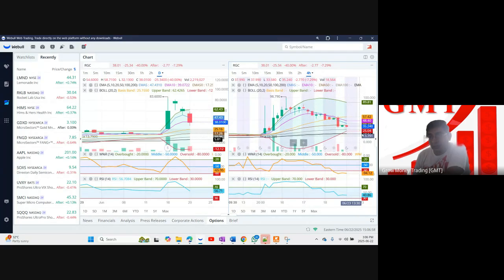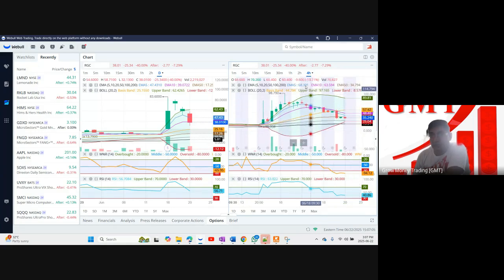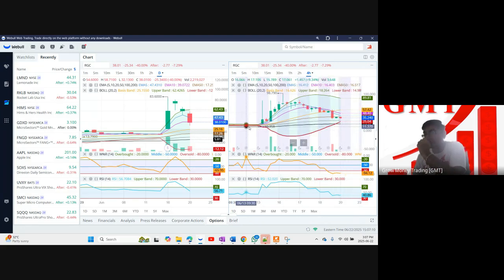At the current level it can still be expected to drop further. In the last session it dropped 40%, but from the levels that it started before skyrocketing, the current price level is still above those levels, so you can still expect further correction.